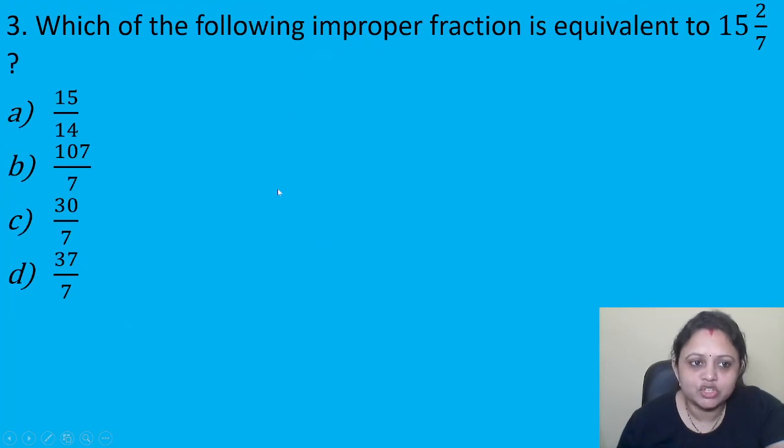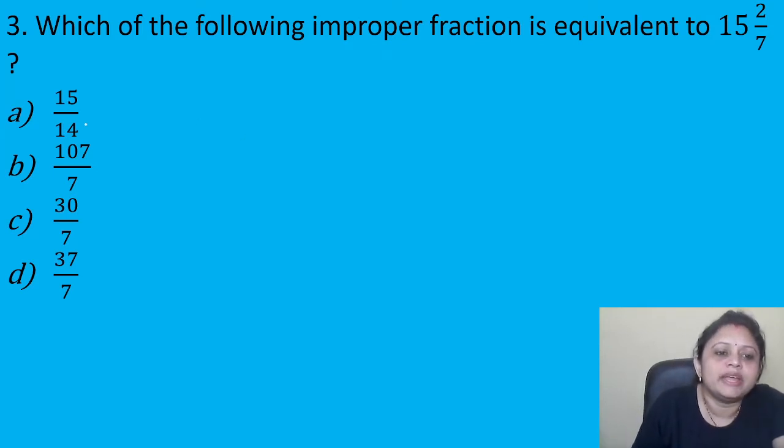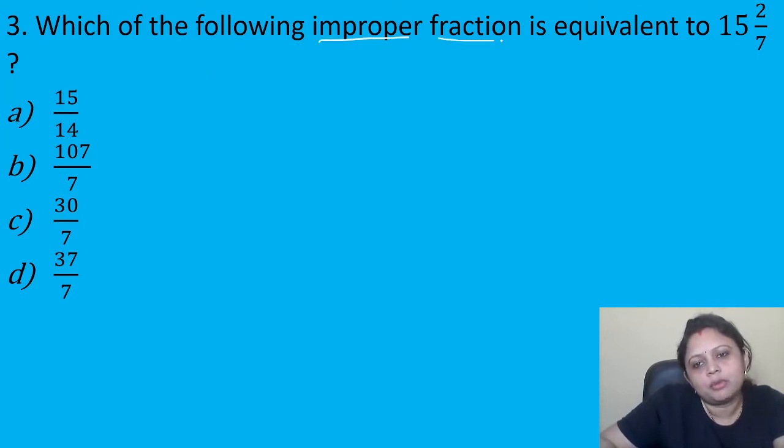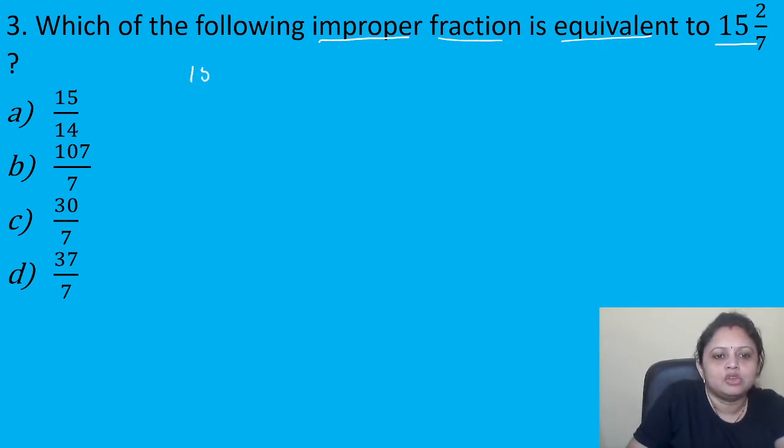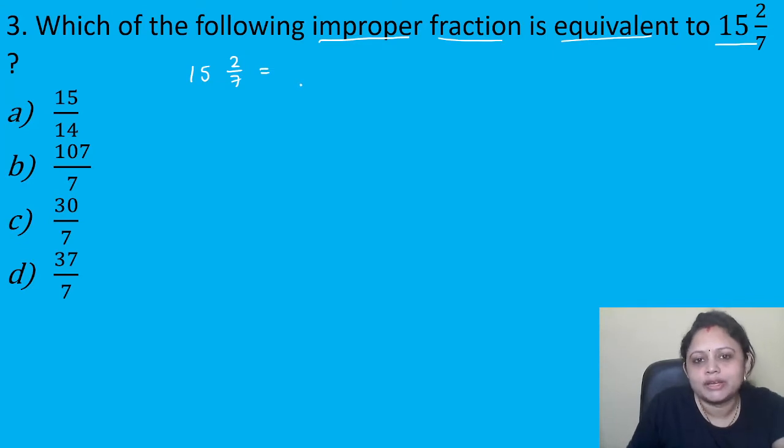Coming to the second question, which of the following improper fractions is equivalent to 15 whole 2 by 7? Option A, 15 by 14, B, 107 by 7, C, 30 by 7, D, 37 by 7. So we have to find the improper fraction which is equivalent to 15 whole 2 by 7. You know how to find out this one?